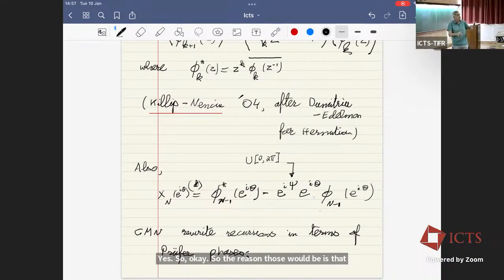In fact, you can write the determinant of a particular matrix, which is not exactly the one of Killip and Nenciu, but involves replacing the coefficients. And it's not convenient to discuss it here because if you do that, you will lose increasing with dimension. So you will have to replace at each step all the coefficients.